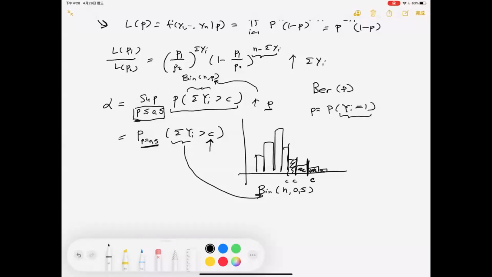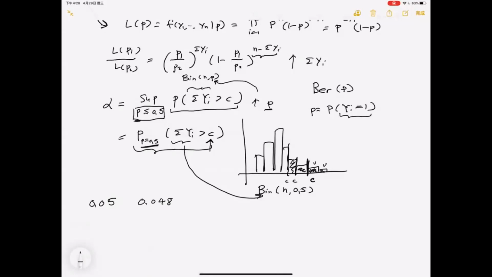If you really set up alpha type 1 error as 0.05, then you find the column c based on that probability on the right hand side, adding up everything, then close to 0.05, 0.048. So if you have this, then you choose that c. Yes. So that's the final answer for this c.